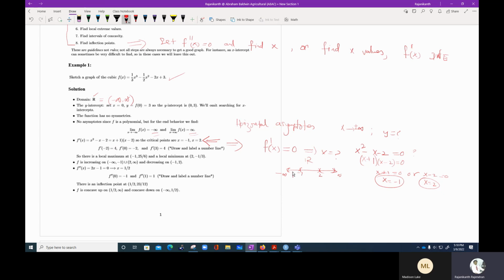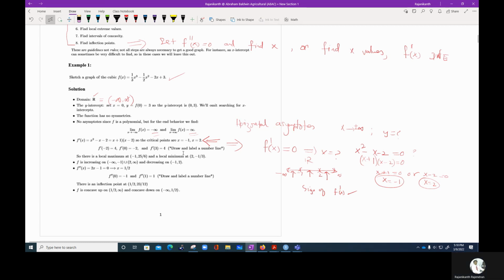Take a test value in each interval and find the sign of the first derivative. If the sign is positive, it is increasing on that interval. If the sign is negative, it is decreasing on that interval. So those are the steps you see here.